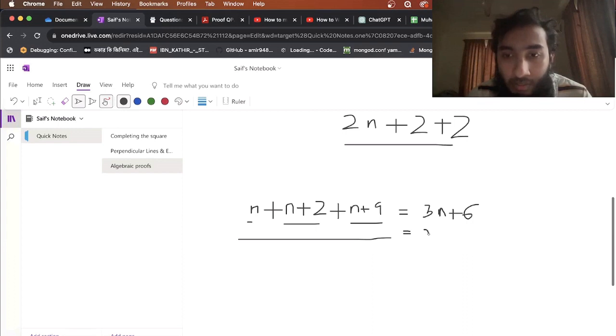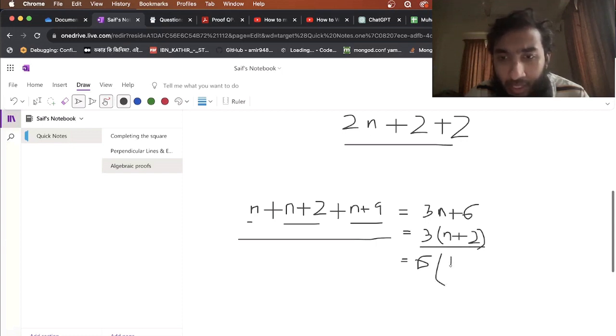If we use factoring, we can write 3 multiplied by n plus 2, which is 3n plus 6. Now we can also write this expression as what? 6 multiplied by n plus 2 divided by 2.